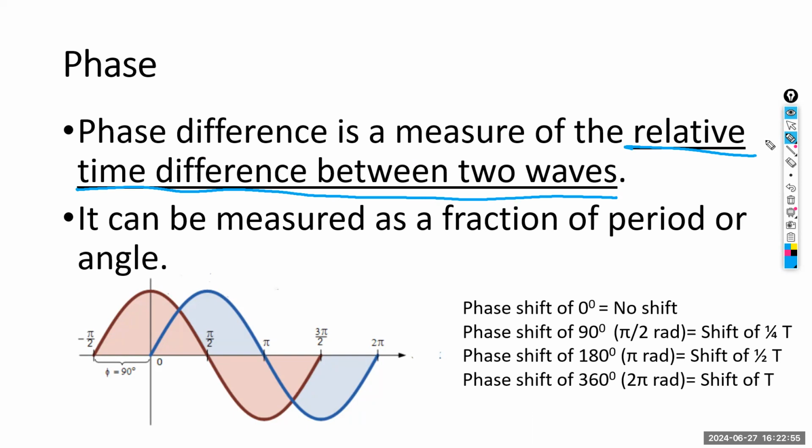So phase is the relative time difference between two waves, because it's not only one wave we are working with. Sometimes we work with multiple waves. For example, your radio is getting Sirius signal, Sun FM signal, City FM signal, right? So we can compare two signals as well.